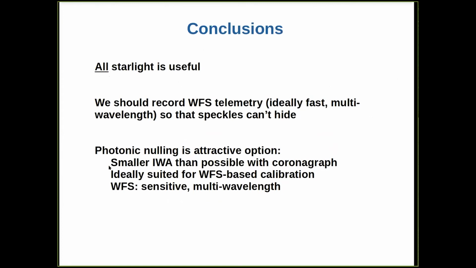And the last point I made is that a photonic nuller is an attractive option to implement this. We believe it is superior to a standard Fourier plane coronagraph because we get a small inner working angle and very sensitive wavefront sensing in the same device as we get the nulls, and we get that as a function of wavelength. So that's my conclusion slide, and hopefully we have time for a couple of questions.